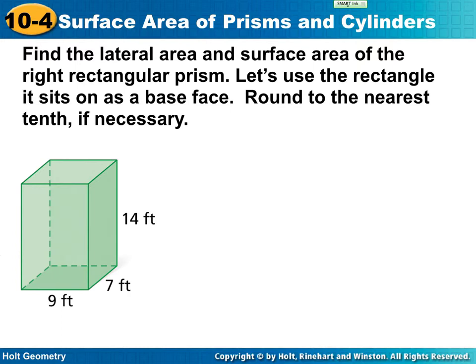Right here, lateral area of a right prism. We're doing a rectangular prism to start with. Okay, so let's use the rectangle it sits on as the base face. That way we'll all be talking about the same perimeter and height.